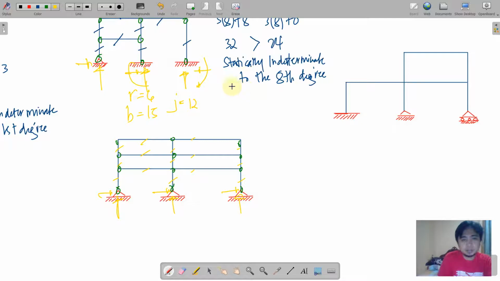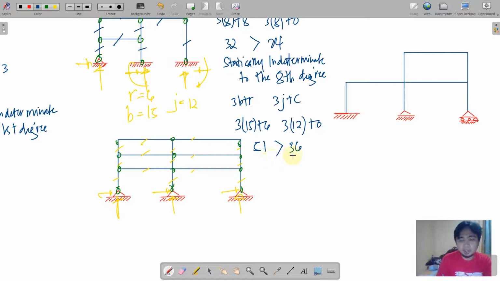And then we apply again our criteria for frames. We have 3B plus R, 3J plus C. Okay, so 3 times 15 plus 6, 3 times 12 plus 0. So this is 45 plus 6, that is 51. Obviously, this is 12 times 3, 36. 51 is greater than 36.